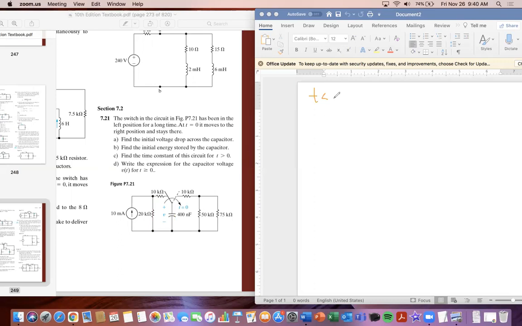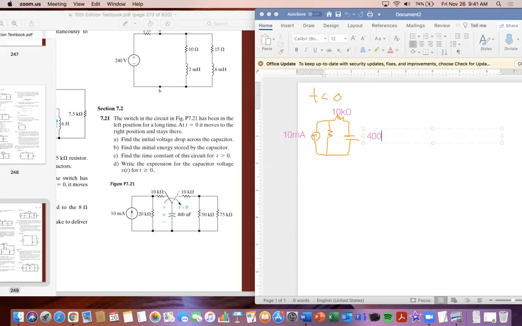So let me put my source and then my resistor, capacitor, and then my other resistor here. And let's do our current source. We have 10 milliamps. Resistor, we have 10 kilo ohms.